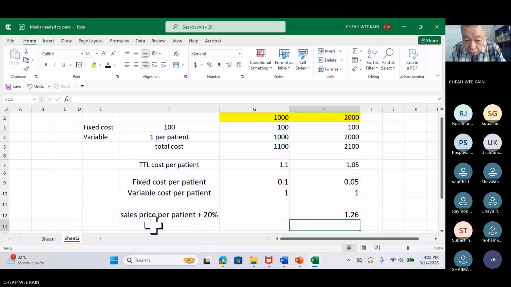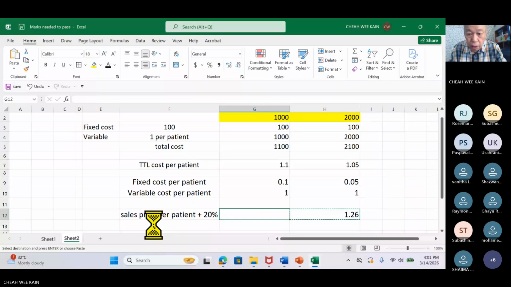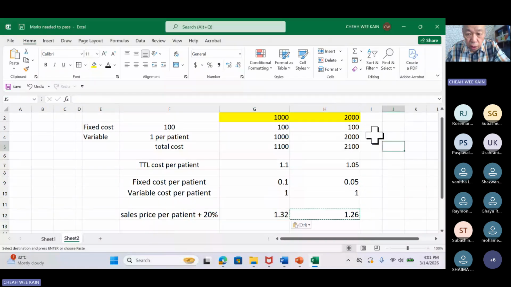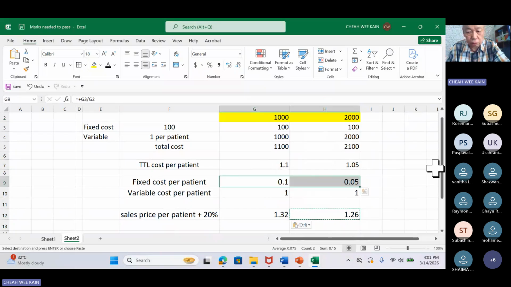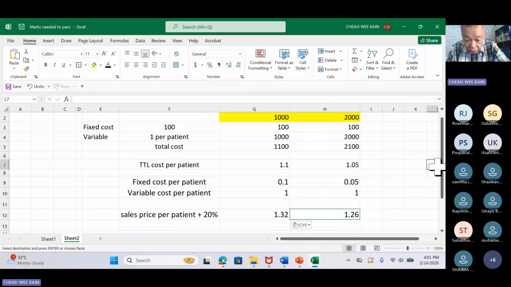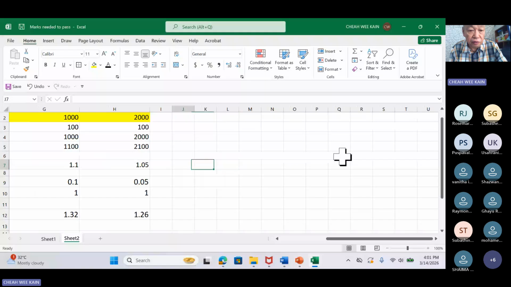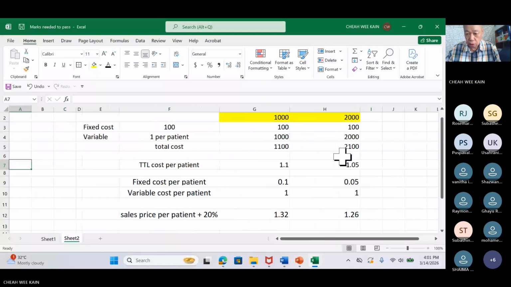All right? And notice now, the more patient, you can charge less because the fixed cost is going down. You understand? That's why many companies want to have increase in sales, increase in customer.